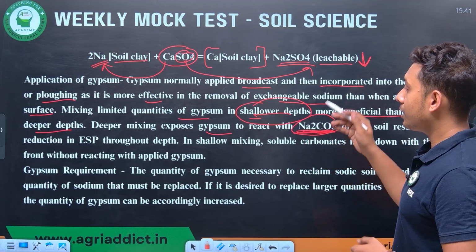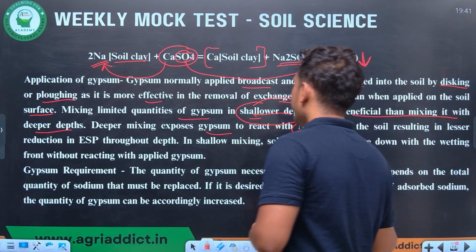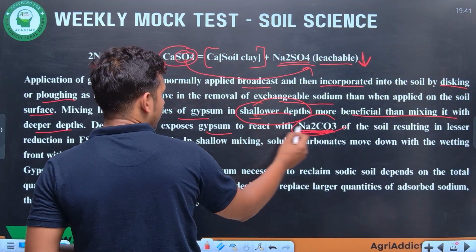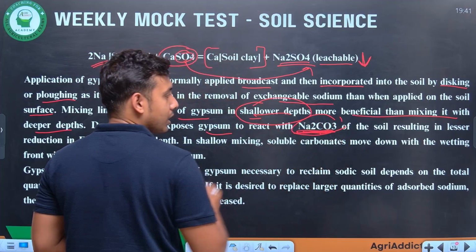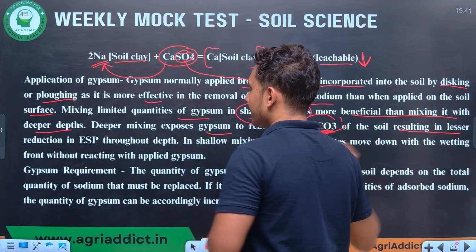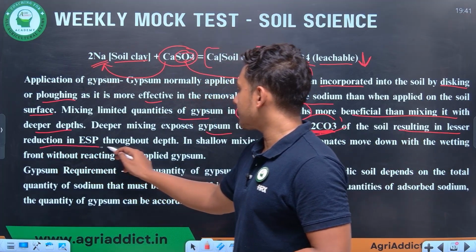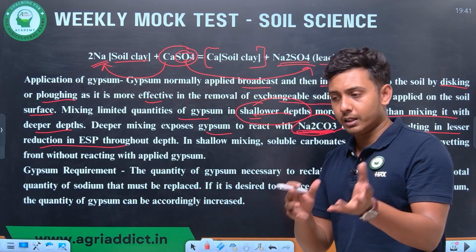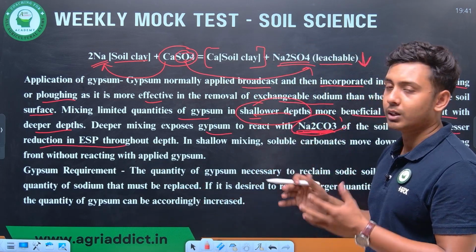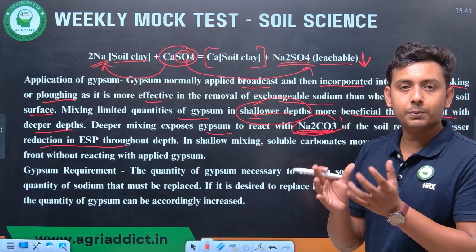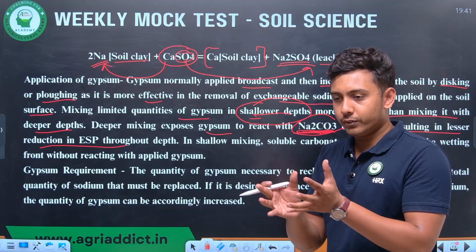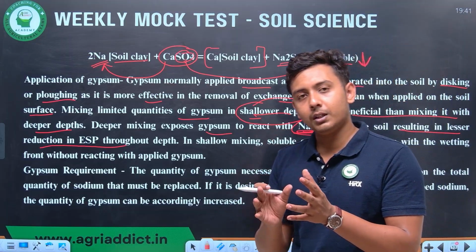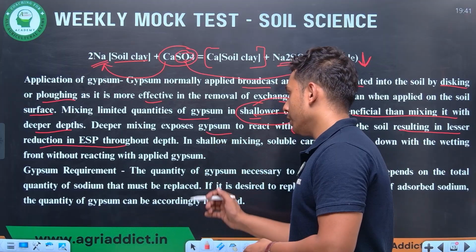So Na2CO3 in the deeper layer is exposed to the gypsum, and this will react with sodium carbonate, resulting in the lesser reduction of ESP, because most of the gypsum will be reacted with sodium carbonate, so the gypsum will be consumed. If the material is consumed, the effectiveness will automatically be reduced.